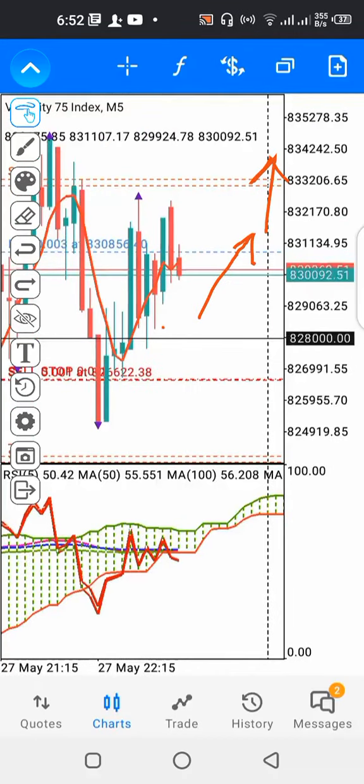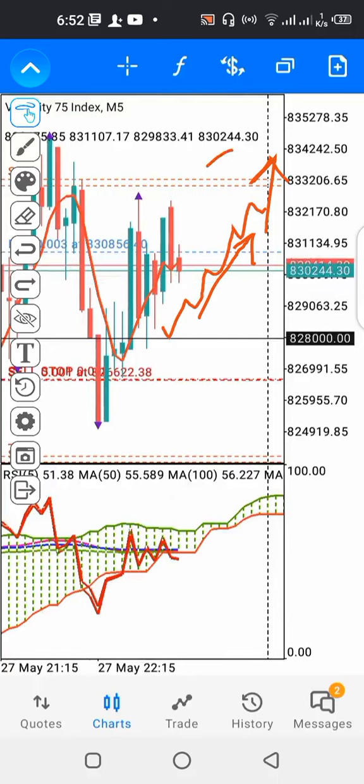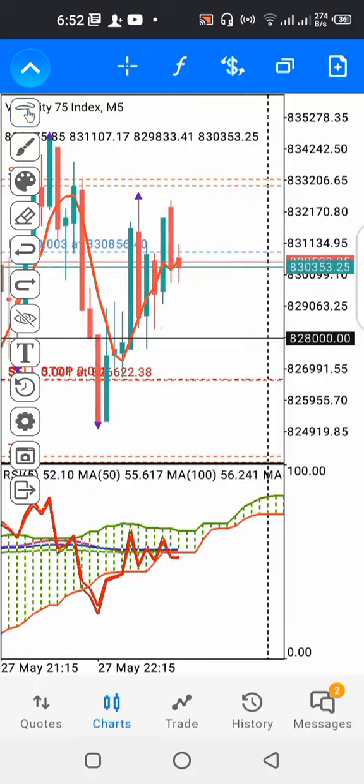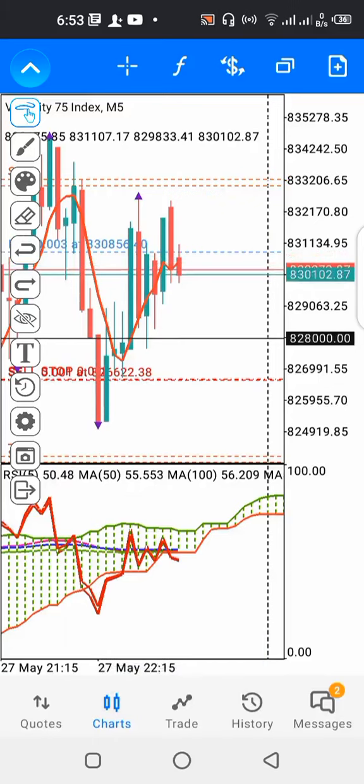If price is gradually building upward, expect price to go up. Though we are on the 5 minutes time frame, you can see the candles forming higher lows.